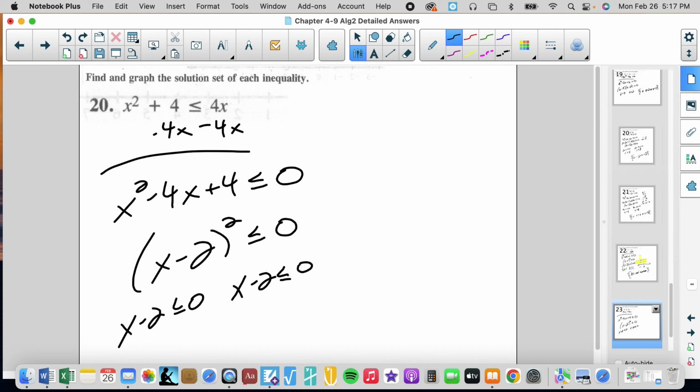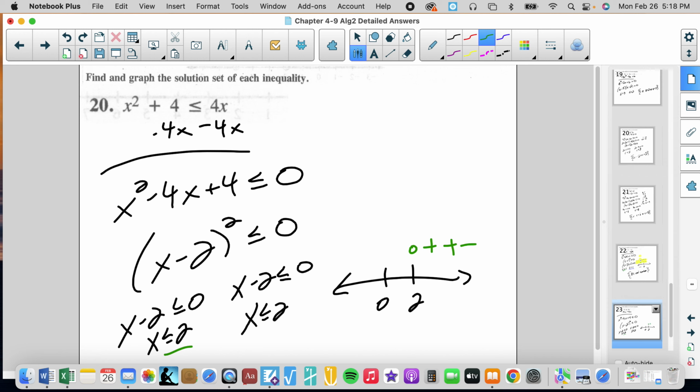All right, I see. So we get x is less than or equal to 2. 0, 2. So if we do both of them, we get 0, positive, positive, positive, negative, negative, negative.